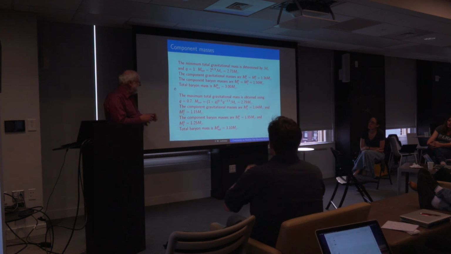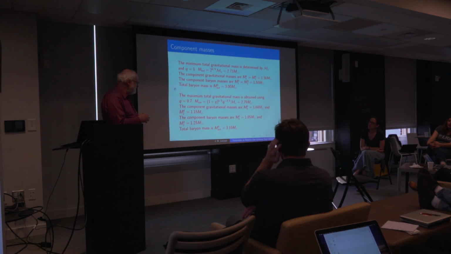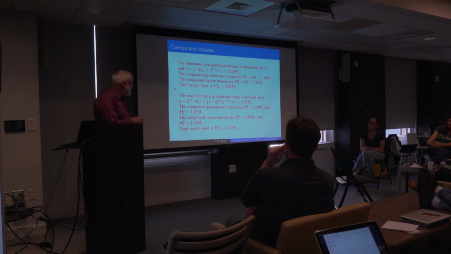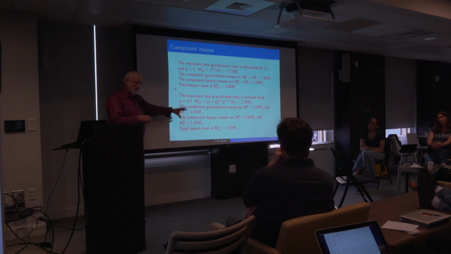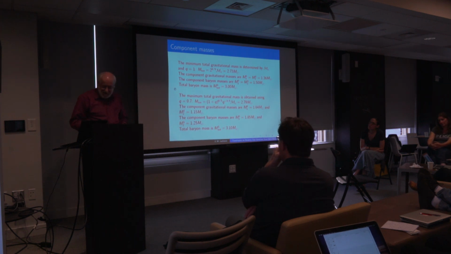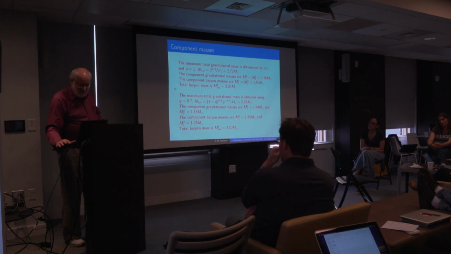The maximum observed gravitational mass is obtained using the minimum value of Q from the observations, estimated to be 0.7, in which case the component masses are 1.64 and 1.15 for gravitational masses. And then the component baryon masses turn out to be 1.85 and 1.25, giving us a total baryon mass of 3.1. So the uncertainty in Q is not leading to a very large difference in the estimates of the baryon mass of the components.